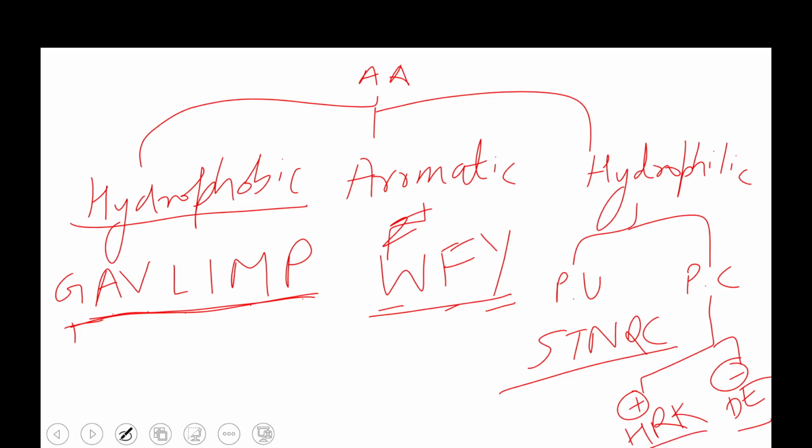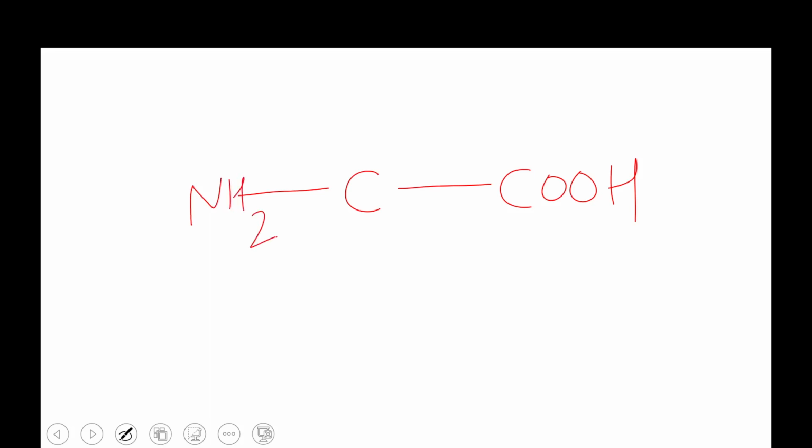So here we can start with glycine, the simplest amino acid. In an amino acid we have a center carbon, along with a carboxylic acid group attached, an amino group attached, one hydrogen, and here we have the side chain.